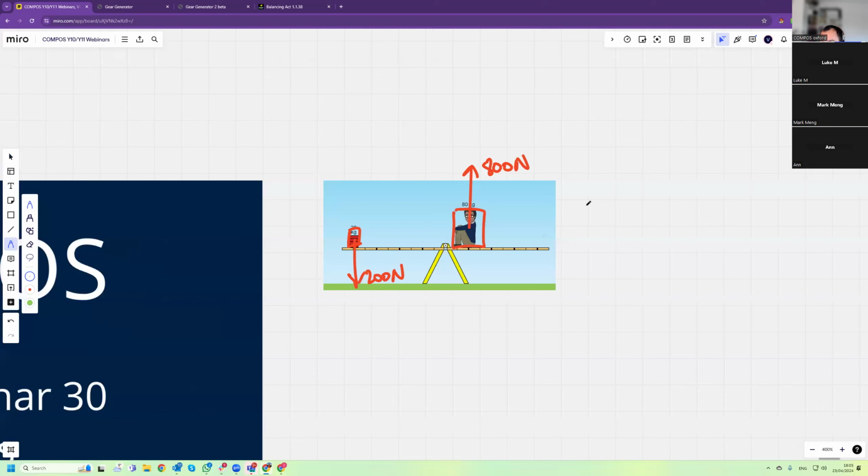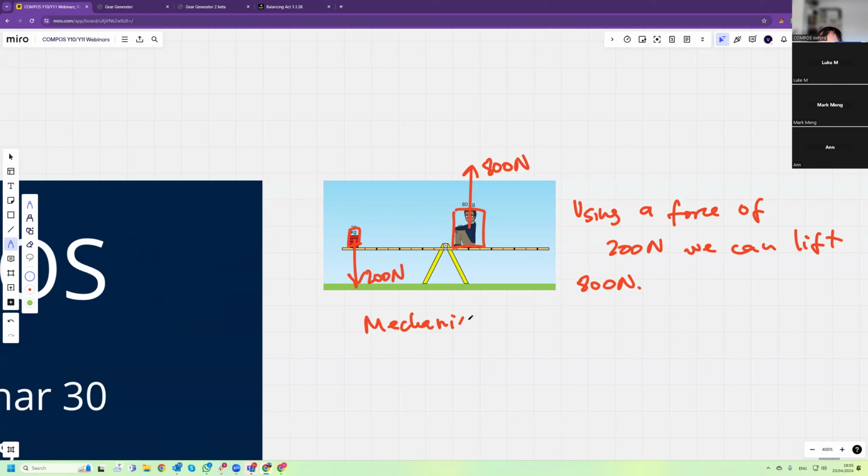So using a force of 200 newtons, we can lift 800 newtons. So the mechanical advantage in this case is times 4.